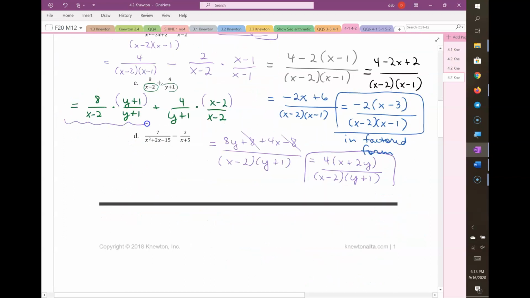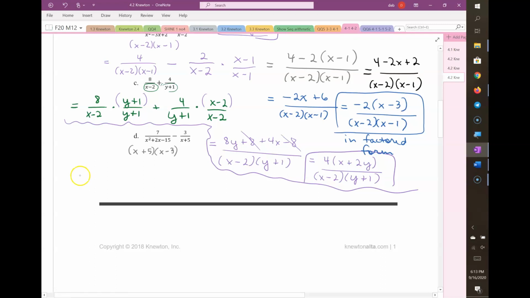Okay, so then let's look at D. And we should look and see if there's any way we can factor this denominator. And it looks to me like that trinomial will factor to the two binomials x plus 5 times x minus 2.